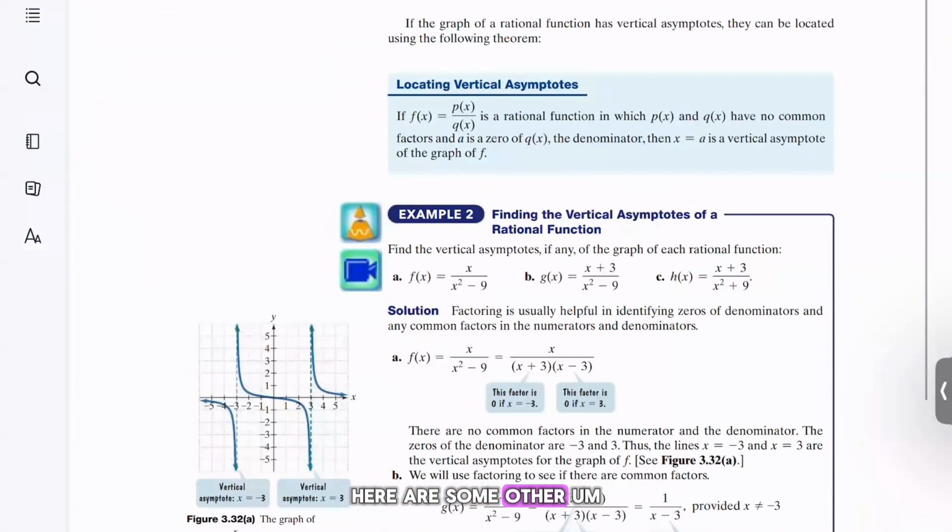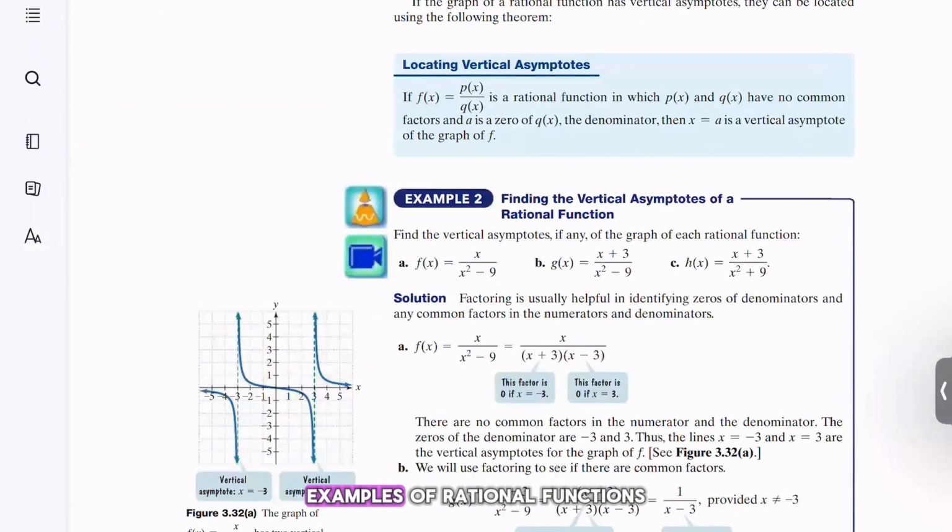Here are some other examples of rational functions. They get a little bit interesting. Sometimes you have shifting, but in this particular one, part A, we want to find the vertical asymptotes.